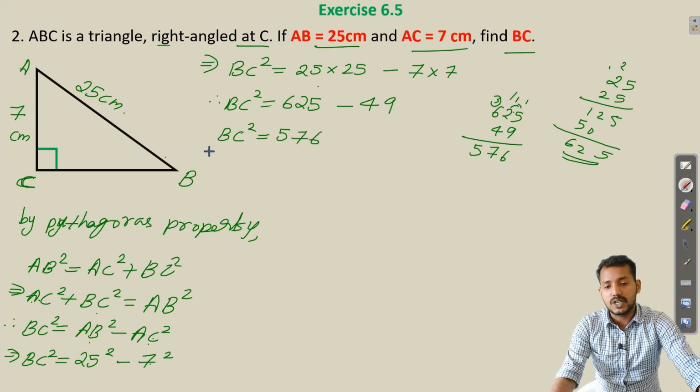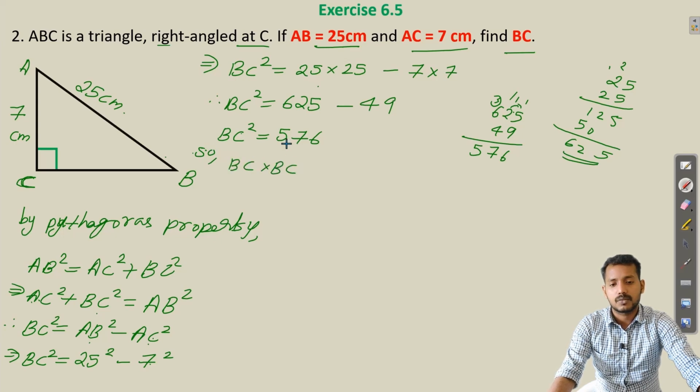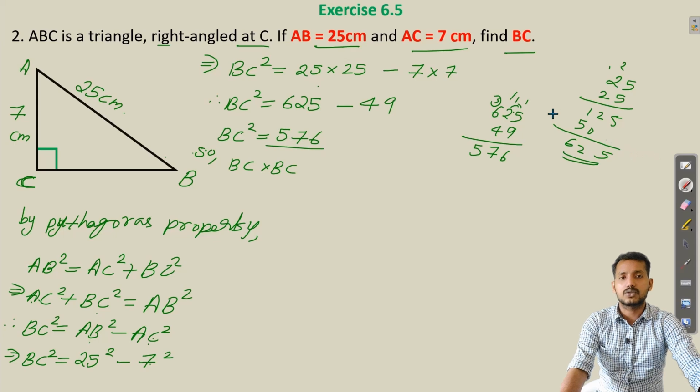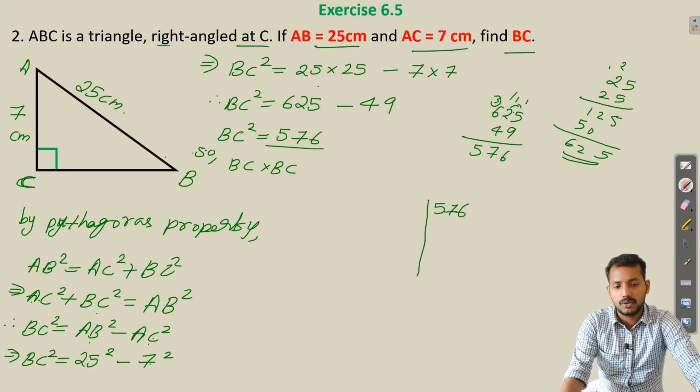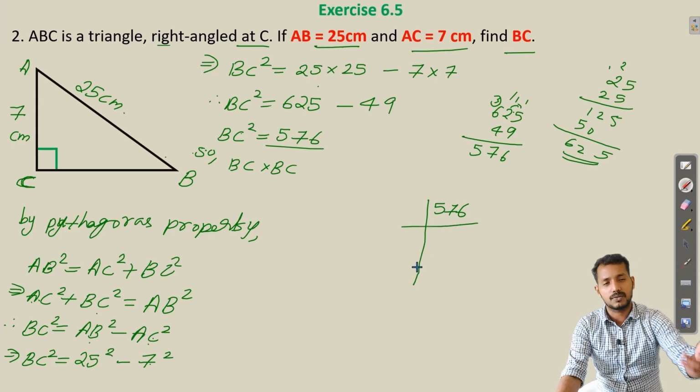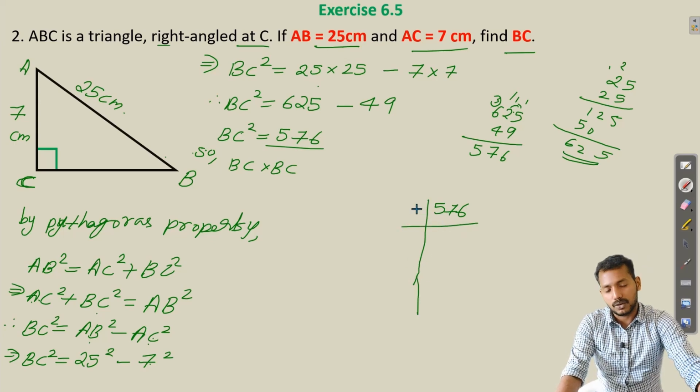576. What is BC square actually? BC square is actually BC into BC. So we need to factorize it. How to factorize 576? You already know factorization for finding the HCF and LCM. The same method we are following here.